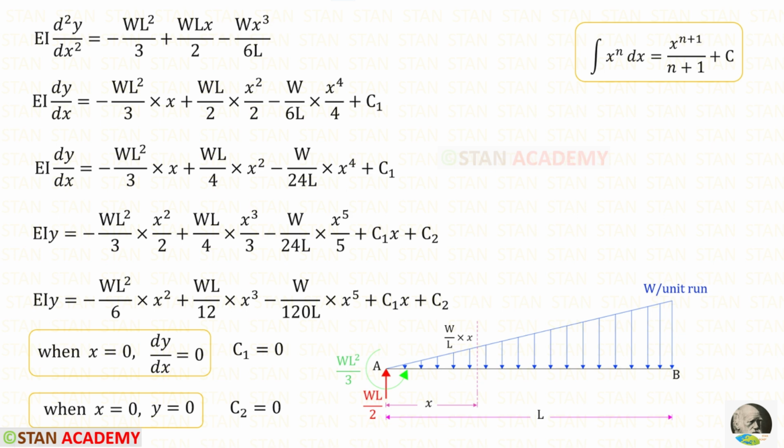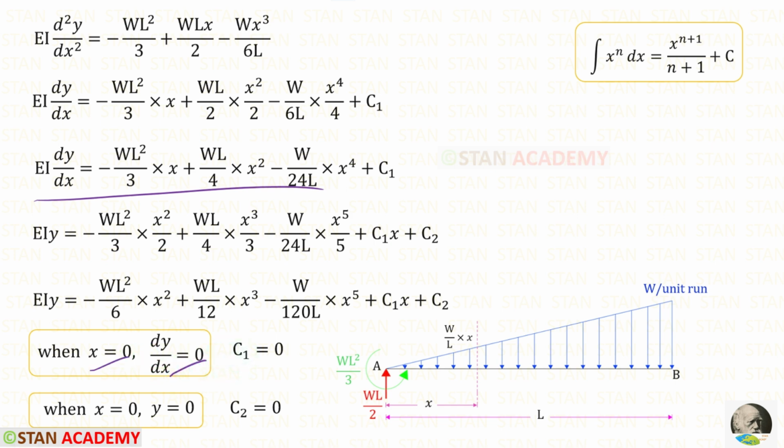We know that in the beam, at the point A, there is a fixed support. In the fixed support, there will be no slope and deflection. So when x is equal to 0, the slope dy upon dx will be 0. And when x is 0, the deflection y will be 0. Let us apply both of these.